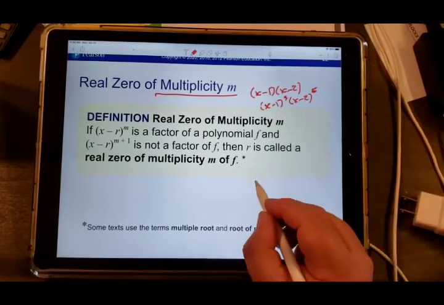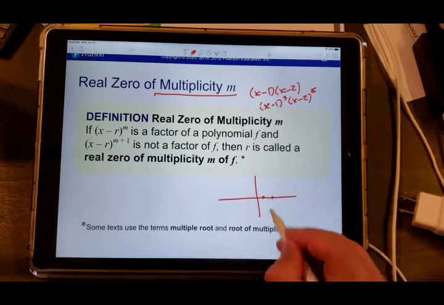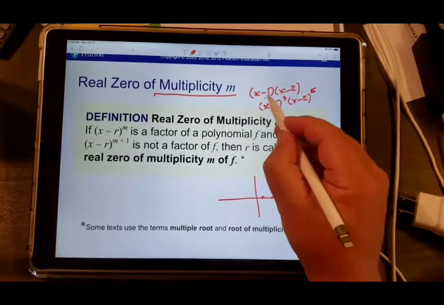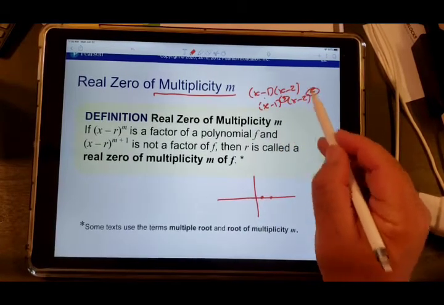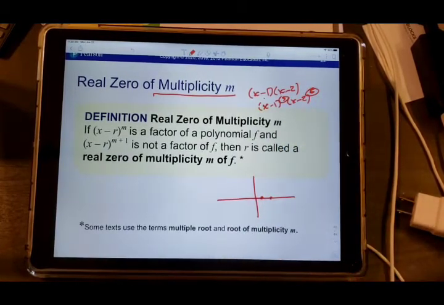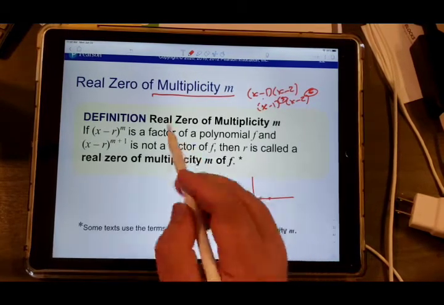In other words, in both cases, the graph would have intercepts where this equals 0 and this equals 0. But obviously, putting an exponent here does change something. It has to do something to the graph. And that's what they're saying. That's what we're going to study.